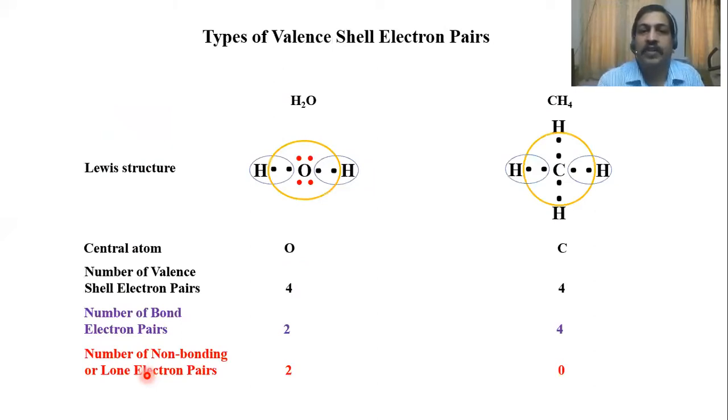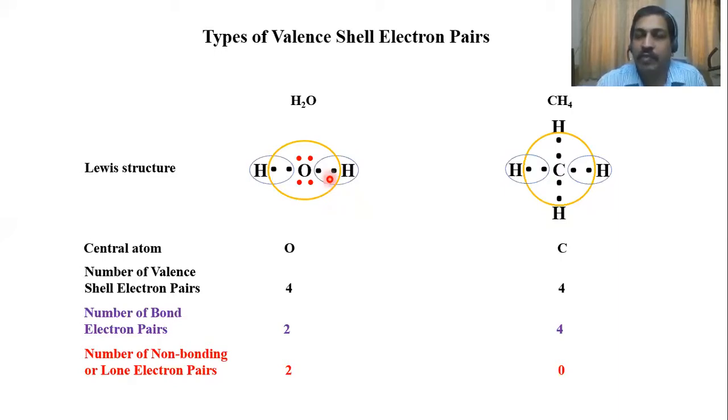Now let us learn about the different types of valence shell electron pairs. Going back to the example of the water molecule, we saw that around the oxygen atom there are 4 valence shell electron pairs. Of these, 2 electron pairs are involved in bonding with the hydrogen atoms. So the 2 electron pairs shown by black dots are involved in bonding.